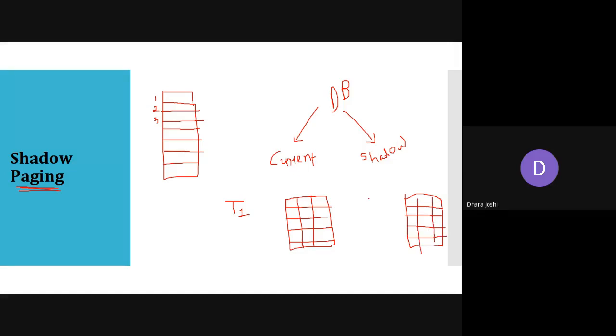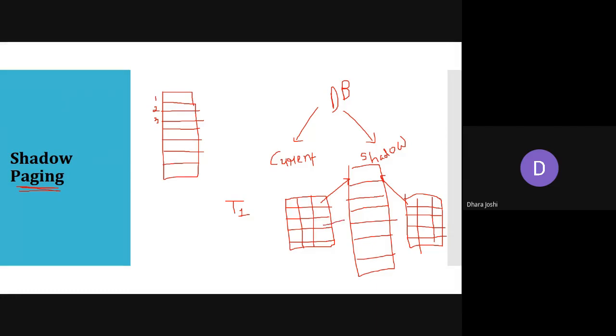Okay, and this is the main memory right now. Identical means that suppose this block points to the first page, so this also will point to this.